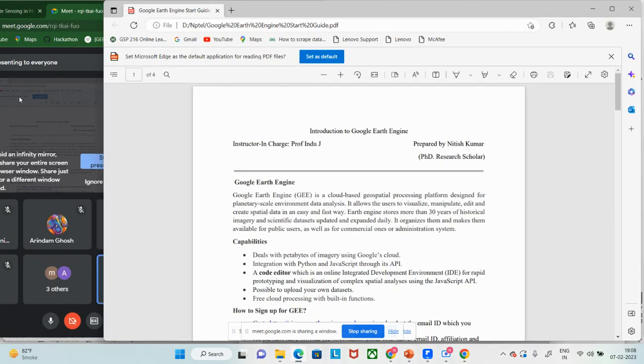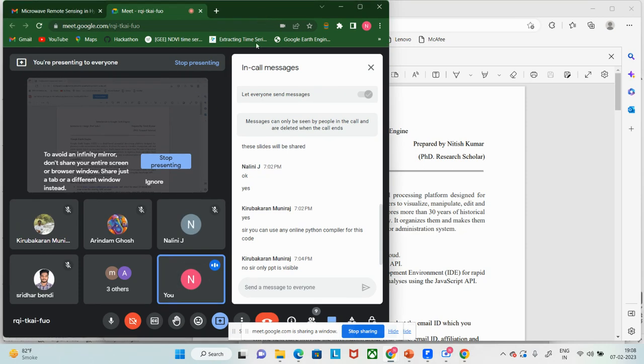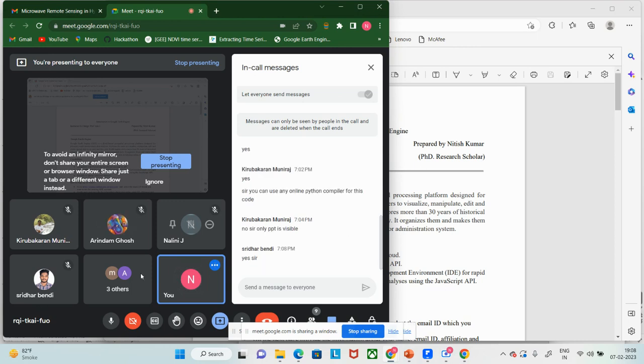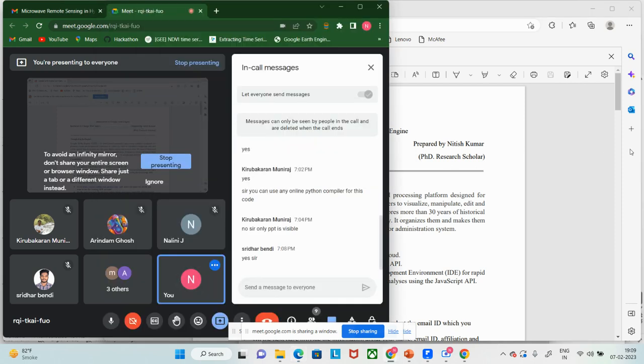Has any one of you used Google Earth Engine before? Can you reply in the chat box or say something? If you have used it, just tell me, or this will be the first time. I just want to know. I guess no one has used it.